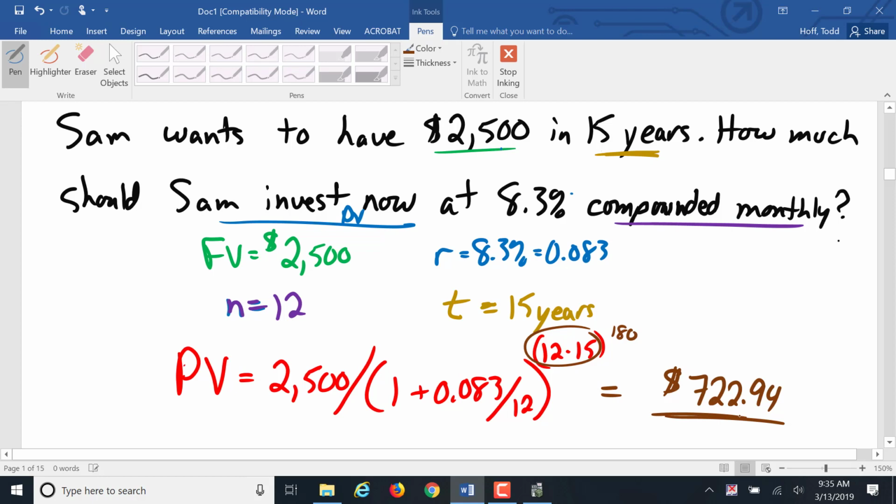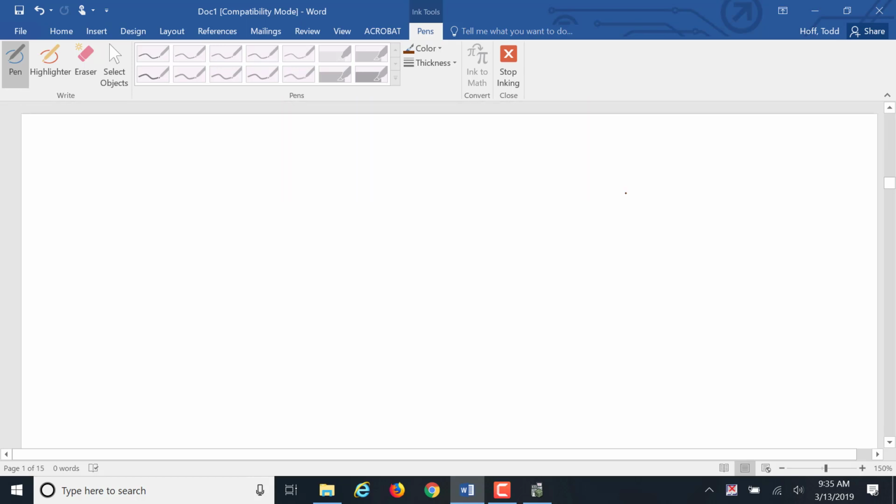So in order for Sam to have $2,500 after 15 years, Sam needs to start with $722.94 at that 8.3% compounded monthly. One last example here.